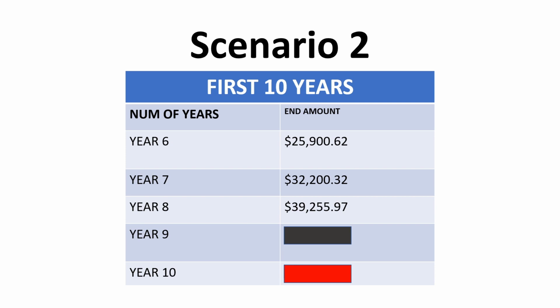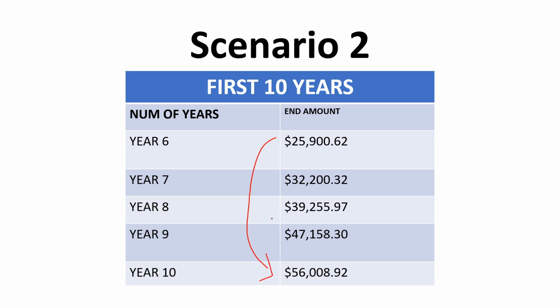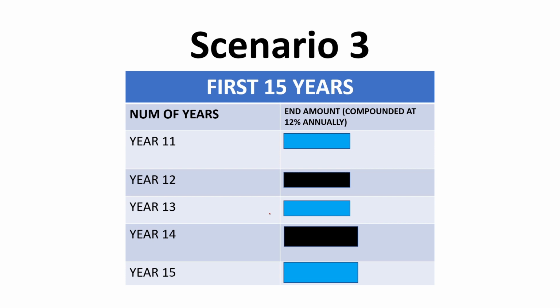And then we go on to year 9, which is going to be $47,158.30. And then year 10, when you look at that, basically $56,000. So we've got another jump all the way from 25,000, almost 26,000, let's just say 26,000 to $56,000 right there, right? And so let's go on to the next chart.